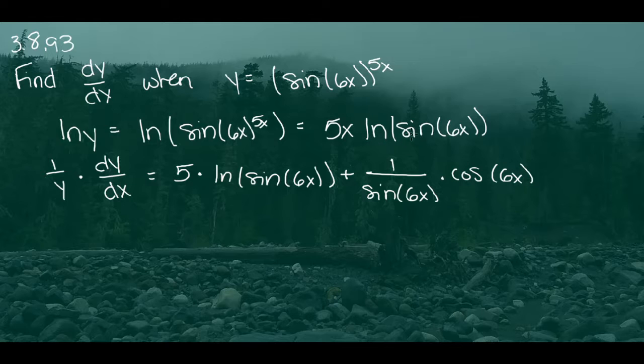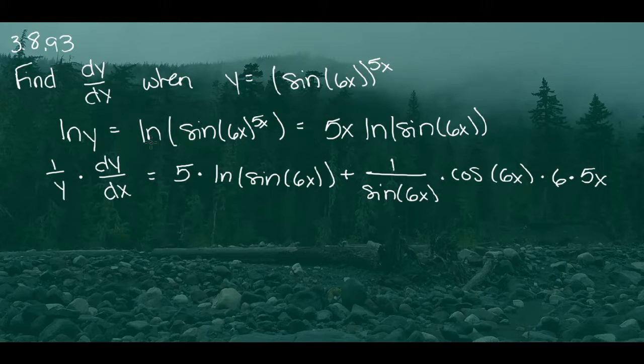So cosine 6x, and then times the derivative of the most inside function, which is the derivative of 6x, which is 6. And then to finish off my product rule, I took the derivative of the second term and multiplied that by the first term. The first term was 5x. So multiply that by 5x.